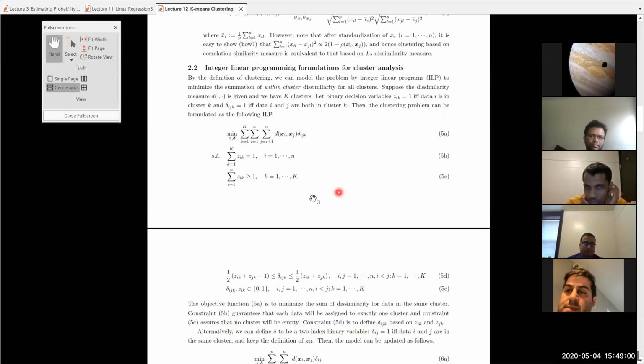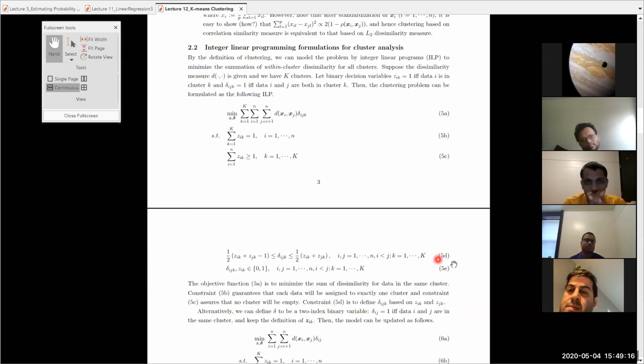Constraint 5c means that no cluster can be empty, because if I need k clusters, each cluster should have at least one data, otherwise it's not k clusters. Constraint 5d is the definition of delta ijk: if and only if both zik and zjk equal 1, then delta ijk will be 1. Otherwise, delta ijk must be 0.